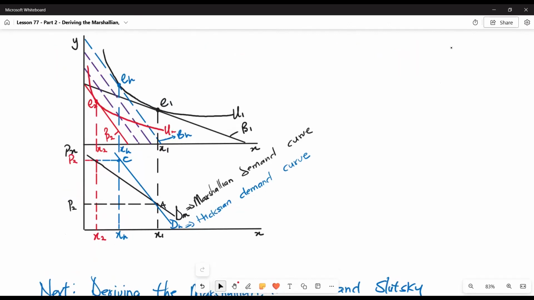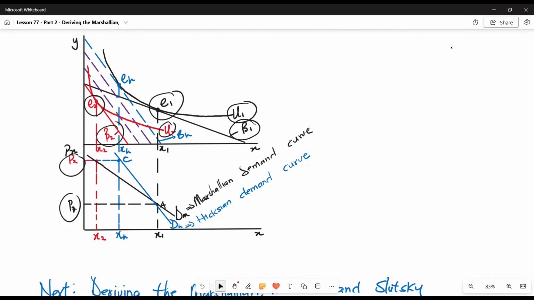For our Hicksian demand, we start from the budget constraint B1, the equilibrium point E1 and indifference curve U1, and assume the price of good X increases from P1 to P2. This moves us to a new equilibrium point E2 on a budget constraint B2, and indifference curve U2 is lower than U1.